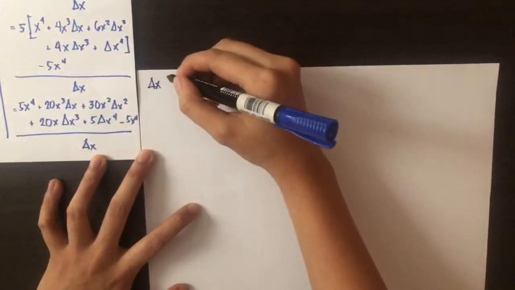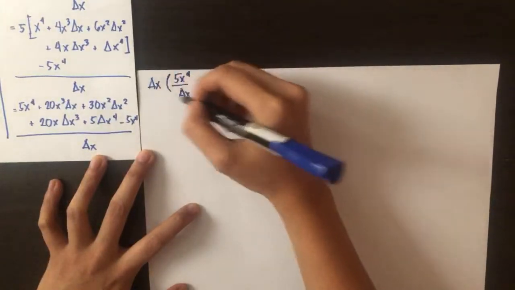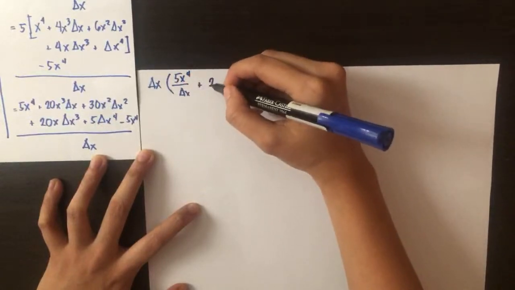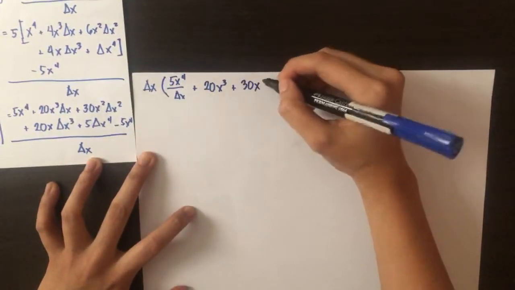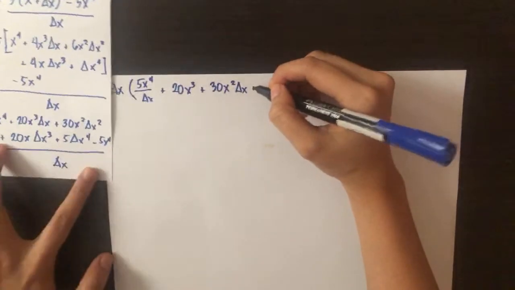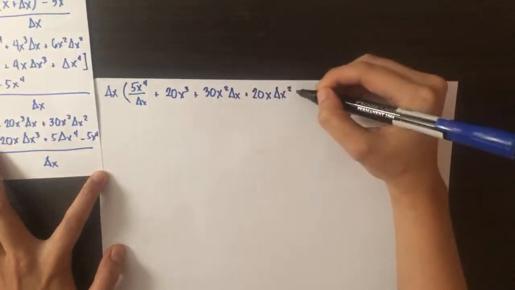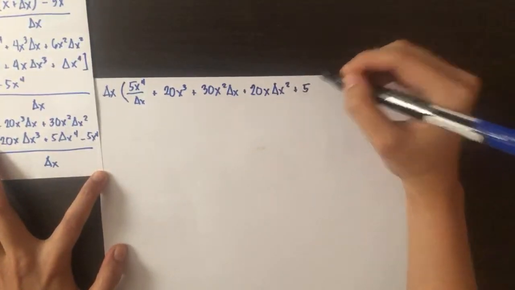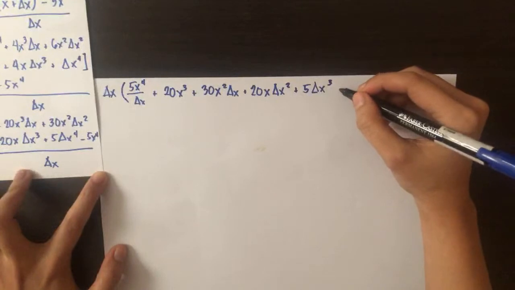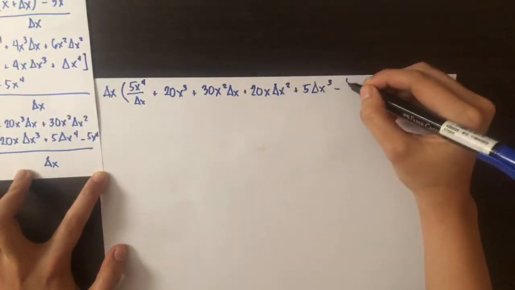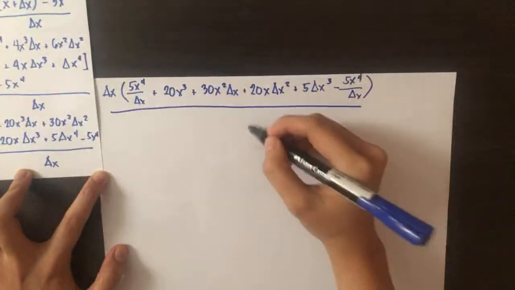So, delta x, 5x raised to 4 over delta x para makancel out, plus 20x cubed plus 30x squared delta x plus 20x delta x squared plus 5 delta x cubed, minus 5x raised to 4 delta x over delta x.